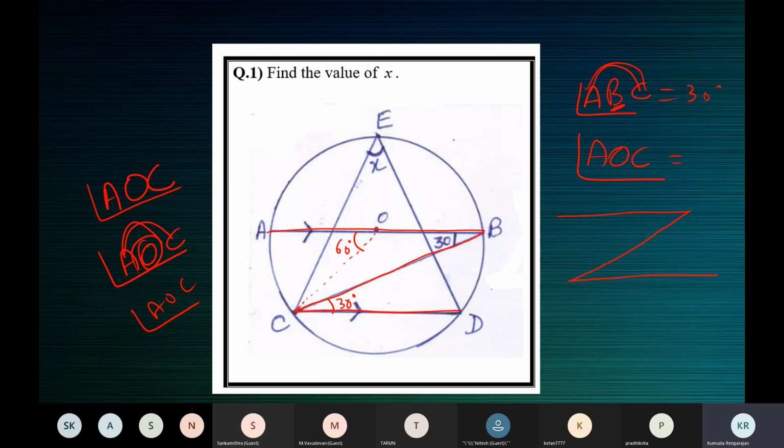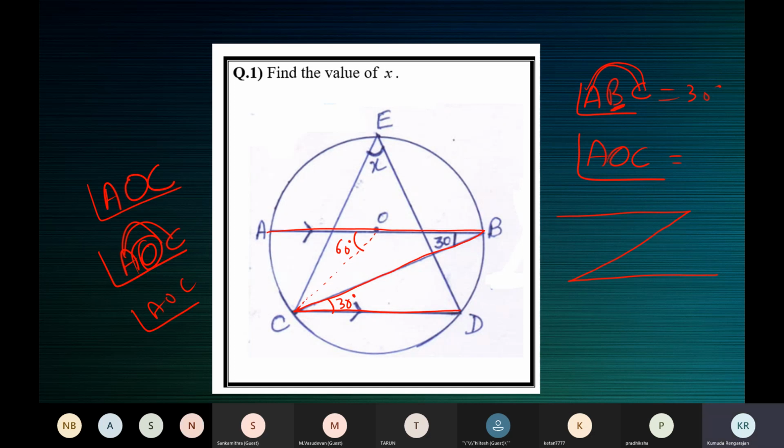Now this angle BCD is made by which arc? Arc BD subtends angle BCD on the circumference. The same arc BD will make which angle at the center? Name the angle.